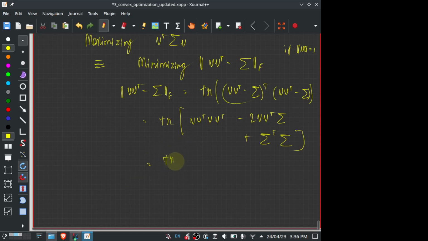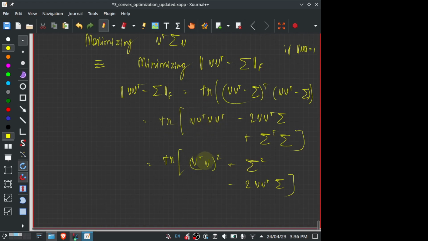But this is just trace of (V transpose V) the whole square plus trace of sigma square minus 2 trace of V transpose sigma V. The first one is trace of V V transpose V V transpose, which is the same as the trace of V transpose V times V transpose V, just because trace of AB is equal to trace of BA.